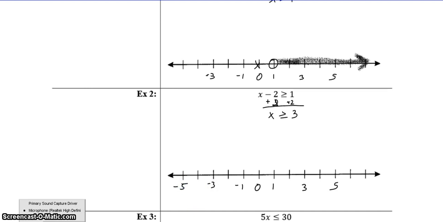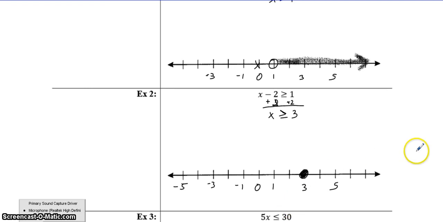No. It just makes it quick for me, that's all. So, the boundary is at 3. Do we get to include it? Is 3 greater than or equal to 3? Yeah, it's "or equal to." We get to include it, so we're going to shade it in.